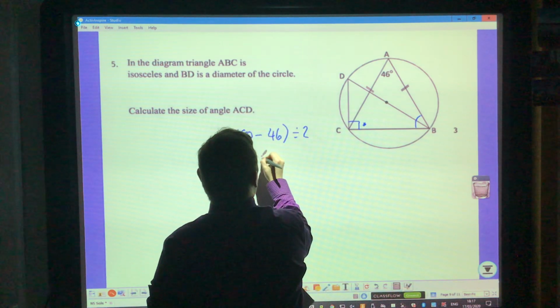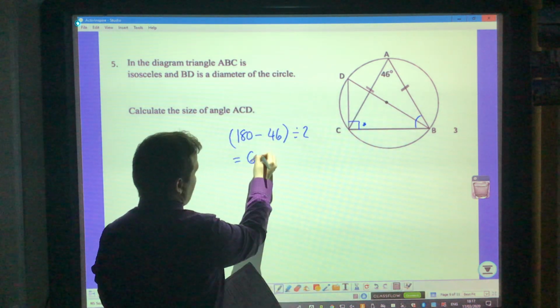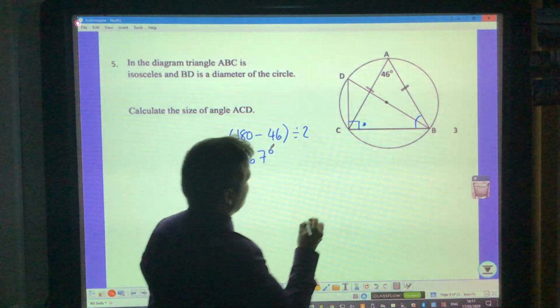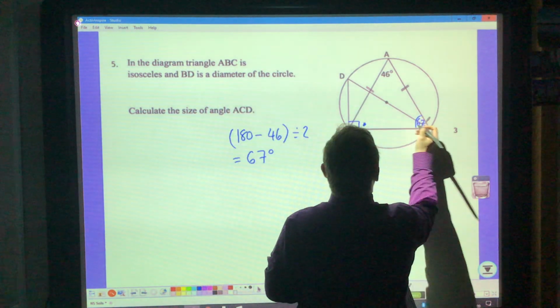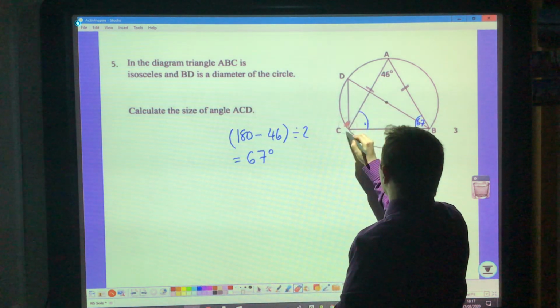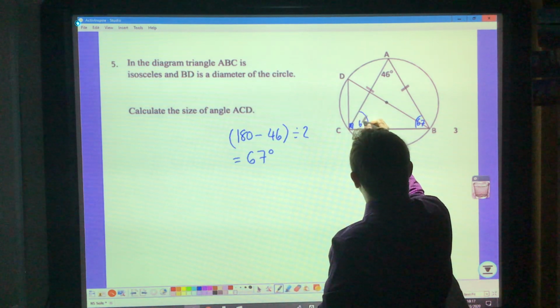That comes out as 67 degrees. So that full bit is 67. That bit in there is 67, so I'll just take away the right angle, just now make it a bit smaller. So that is a right angle, that's 67.